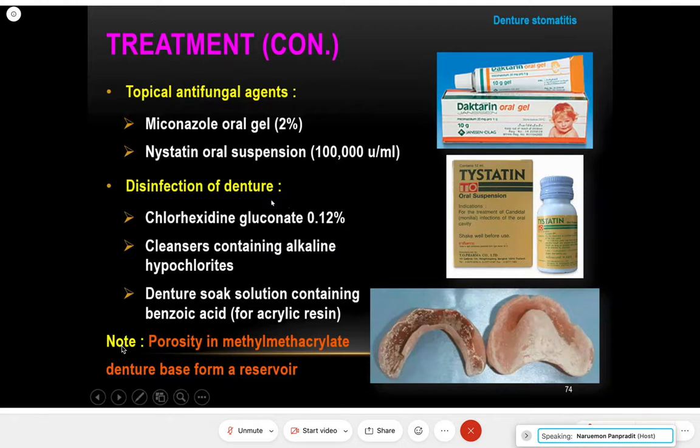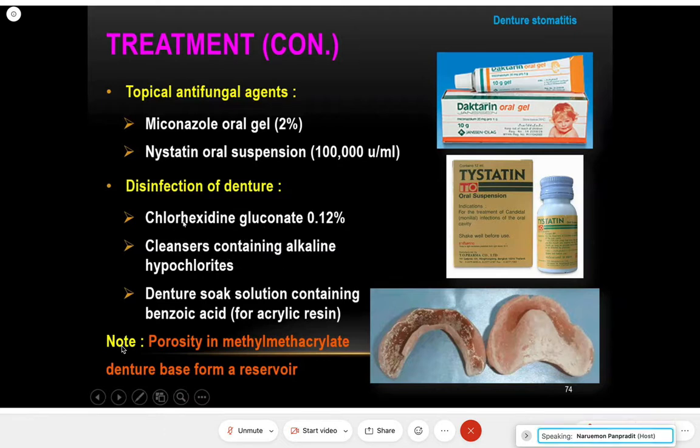Not only the tissue that we treat, we need to disinfect the denture, because the candida can grow on the denture surface. Most dentures are acrylic, and the acrylic has porosity in the denture plate. It's the best reservoir for candida. So the treatment will also disinfect the denture.